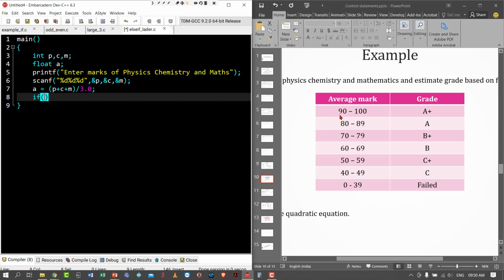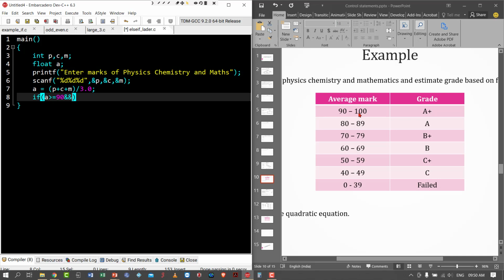So here there is a range of marks, 90 to 100. So how will I write the condition? if a greater than or equal to 90 and, so here I am combining two conditions.